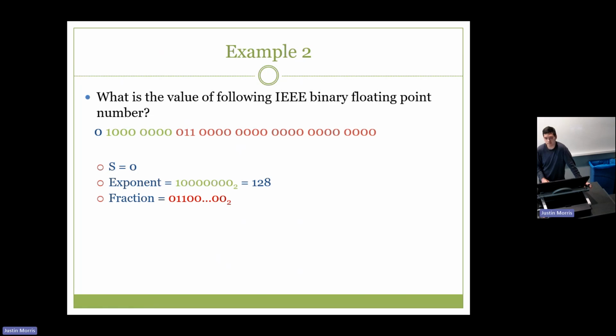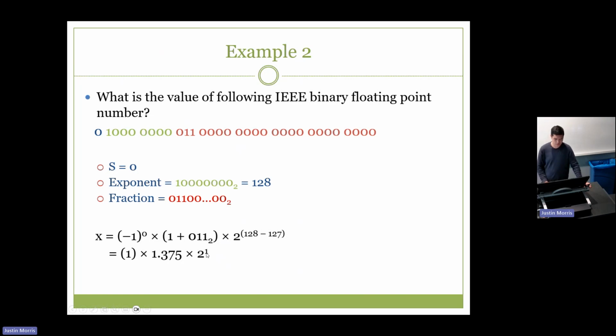So that means that my significand, which is the whole thing, is 1.011, right? Because we have the implied 1. And we have this as our exponent. So we get this, but we're going to then shift it because of the 2 to the 1.